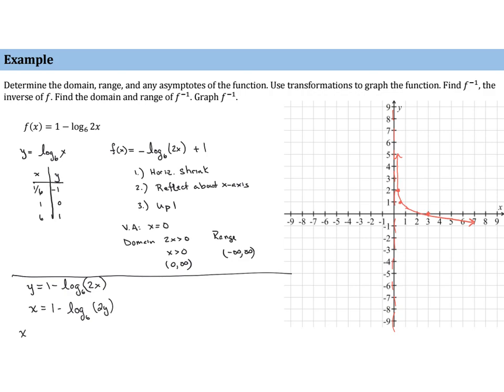Subtract 1 from both sides. Now we can divide everything by -1, which changes the signs. So we have -x plus 1 equals log base 6 of 2y.